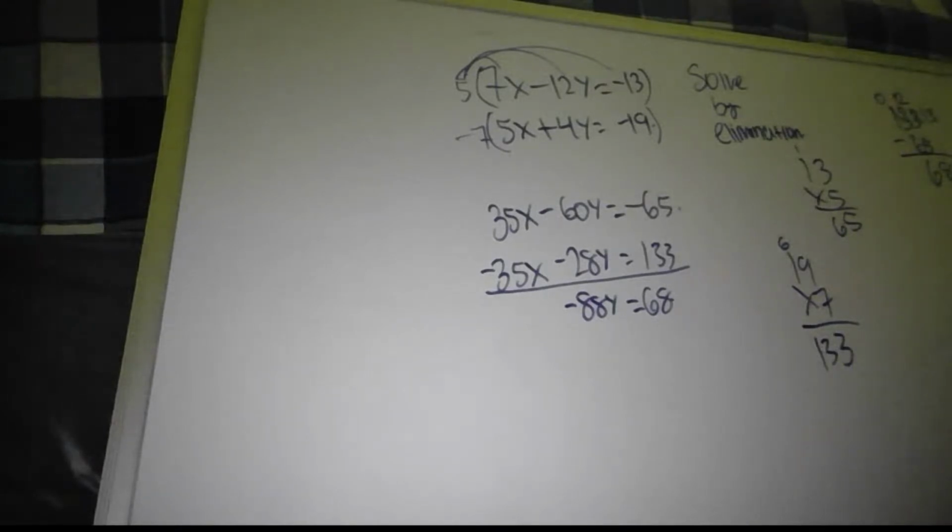This one's interesting. I think there's going to be a fraction for this one. Let me make sure. 7x minus 12y equals negative 13, and then 5x plus 4y equals negative 19.